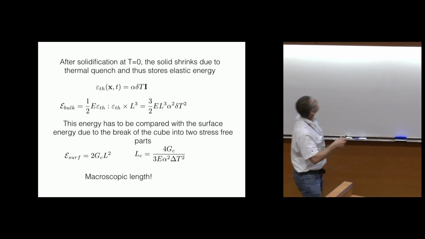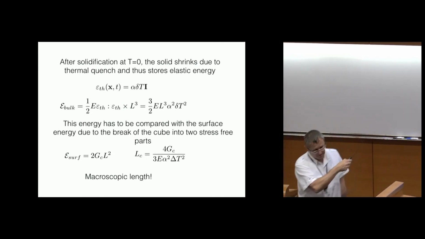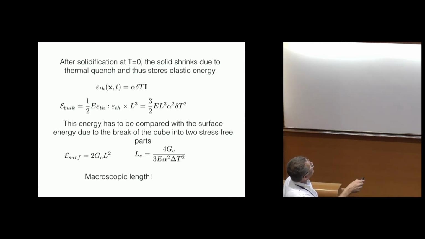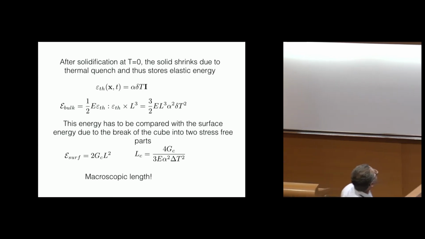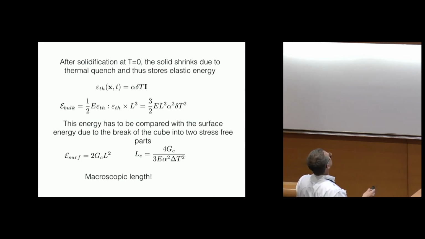Okay, we can put that a little bit more in equation. So basically, the thermal strain will be alpha times delta T. If you take a classical elastic system, you have the elastic energy. You have the thermal strain tensor, which is proportional to delta T, with alpha the thermal expansion coefficient.